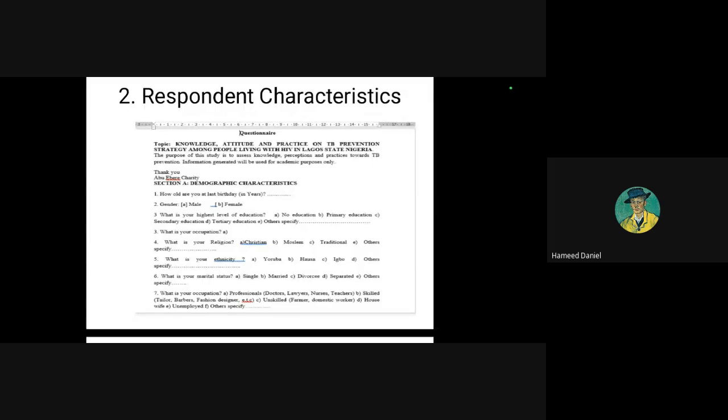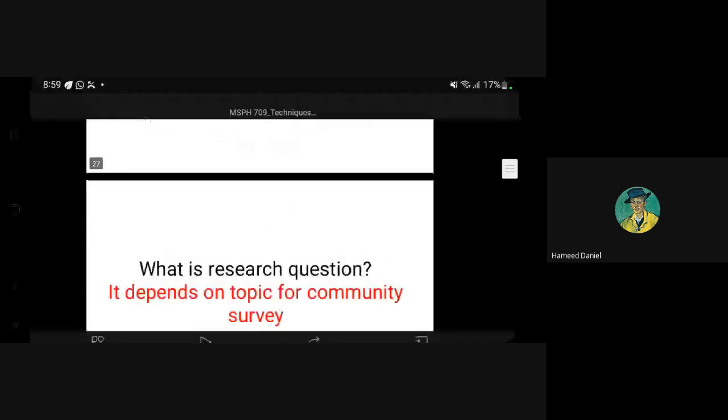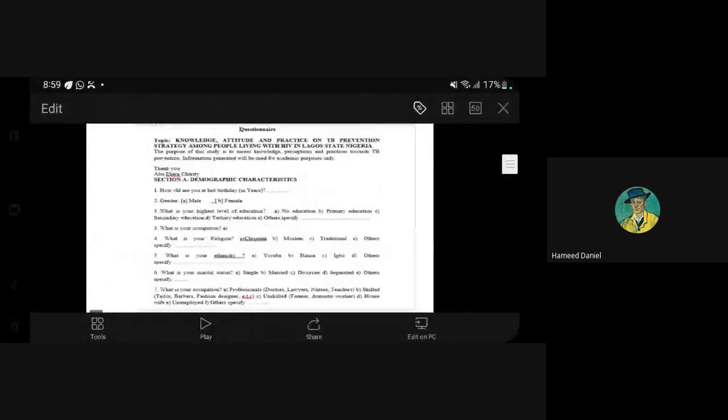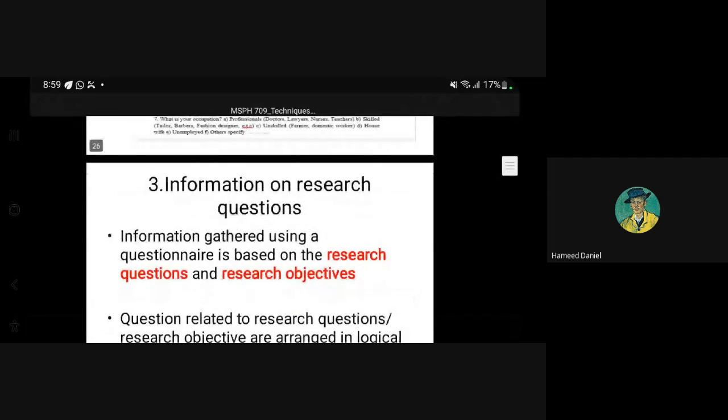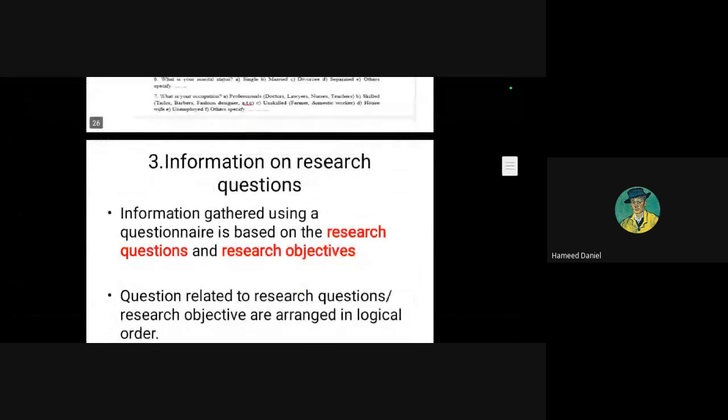If they have not included something to characterize the respondents, you will not get descriptions like that. Then the next thing will be the questions that answer your research objectives. This is where you gather information that will answer your research questions and objectives.